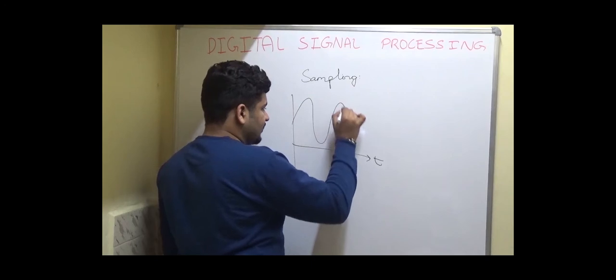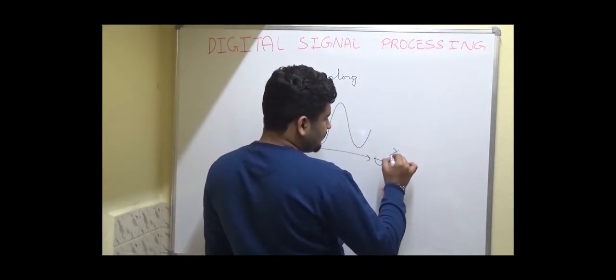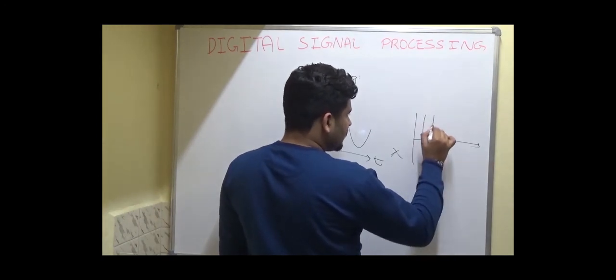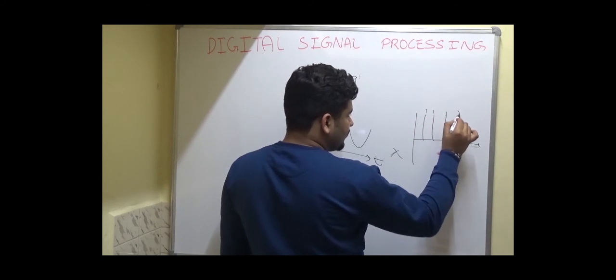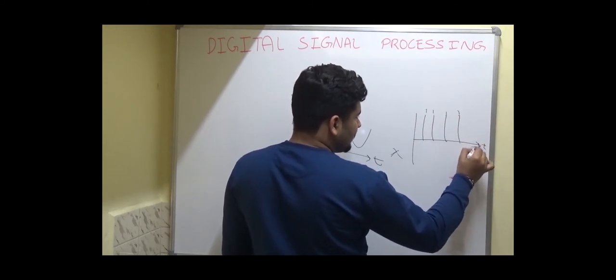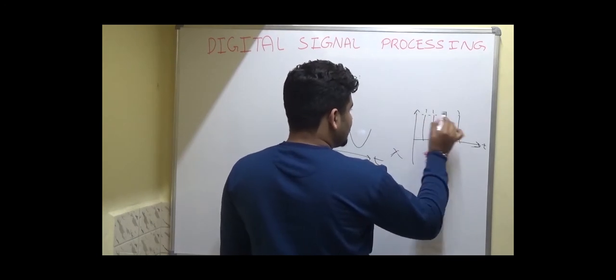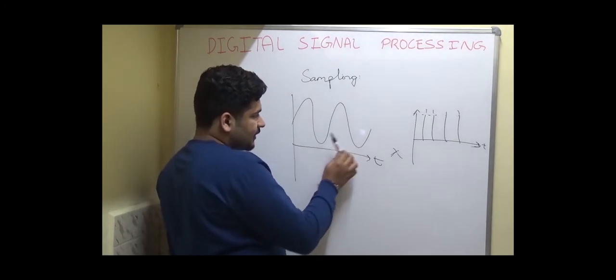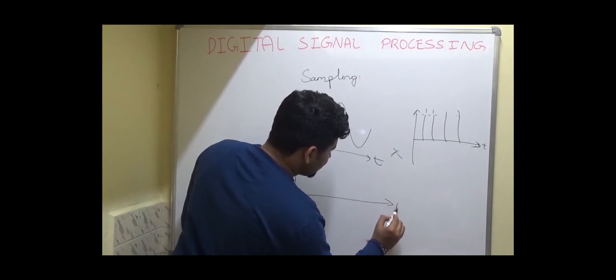Suppose that I have a signal like this, which I multiply by a train of impulses of magnitude unity, which is again varying with respect to time, and this is the amplitude, and this remains 1. Fine. When I multiply the product of this, I would be getting the samples.